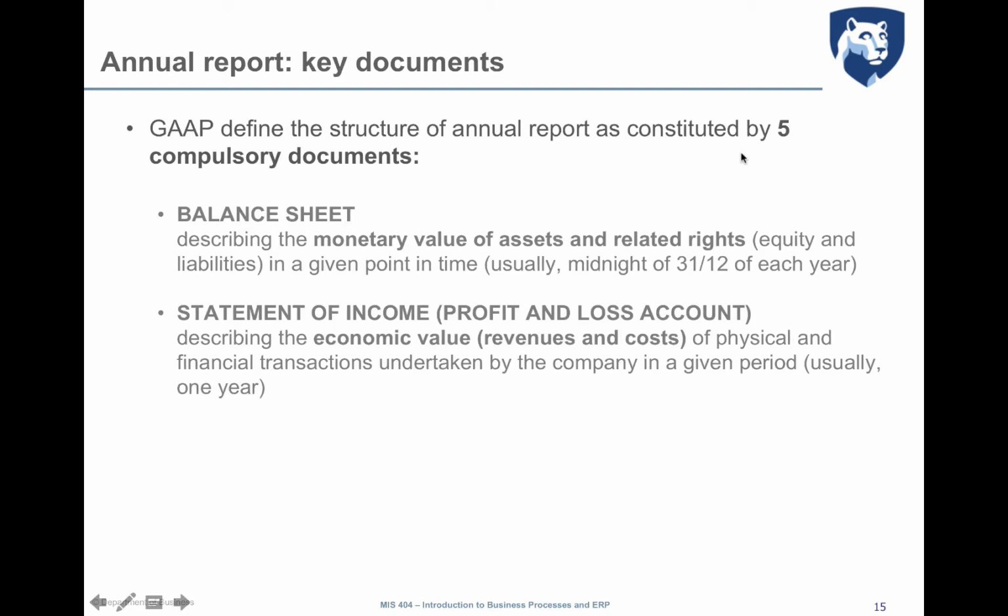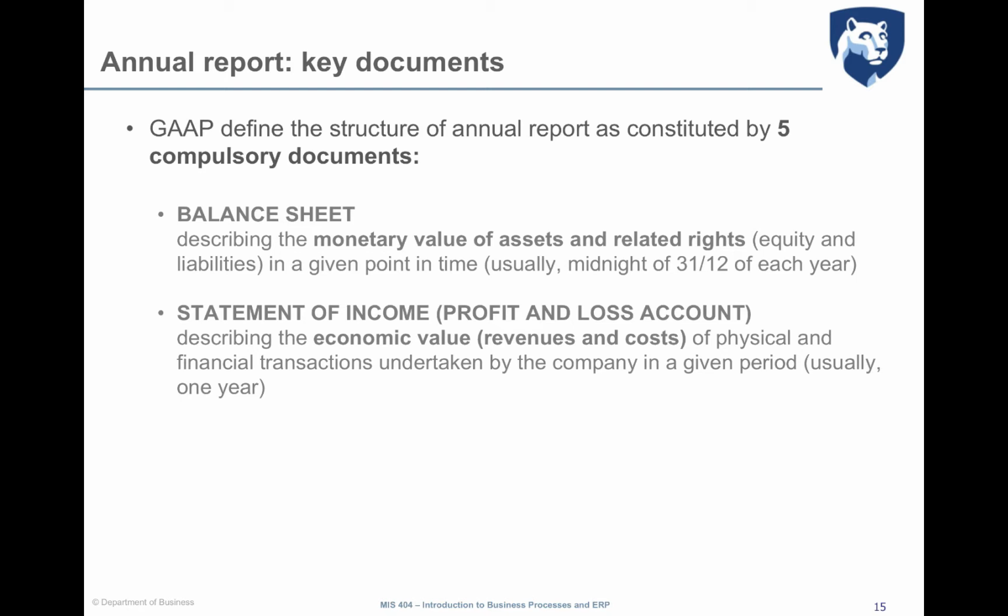In particular, if you focus the attention on the GAAP standard, which is US based, we can see that they are the most used by US companies, and they state that the annual report of a company should be constituted by 5 compulsory documents. You have first the balance sheet, which describes essentially the monetary value of all the assets and the rights that relate to a specific company at a given point in time, which is usually the end of the year.